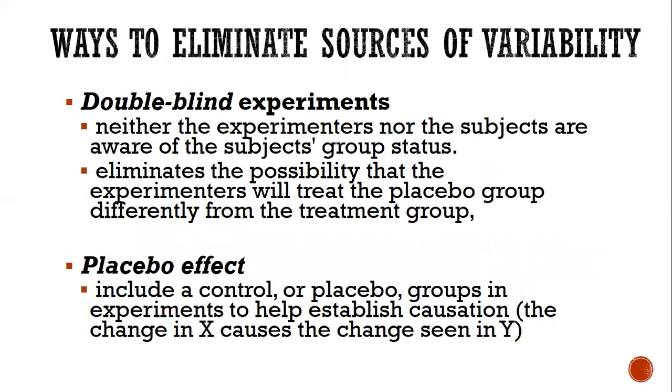Here are ways to eliminate these sources of bias that I just talked about. There's a thing called a double-blind experiment. In this experiment, neither the person giving the treatment nor the people receiving the treatment are aware of what group they're in. The simplest example is, when I hand you a little white pill, is that little white pill filled with sugar, or is it filled with medicine?